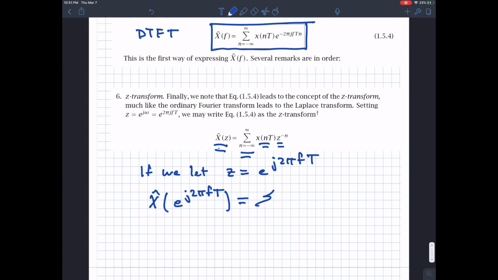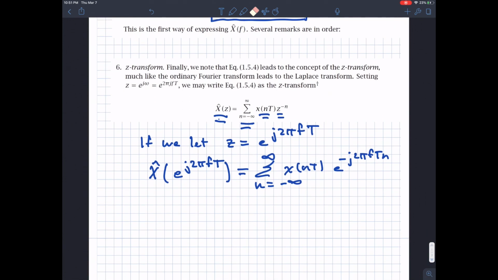Okay, so this would be the sum from n equals minus infinity to infinity, x of nT, and I'm replacing Z, e to the minus j 2 pi ftn. Okay, so I'm using properties of exponentials to get to that. I don't really need these parentheses. Okay, so that's the same thing that we had in the box.